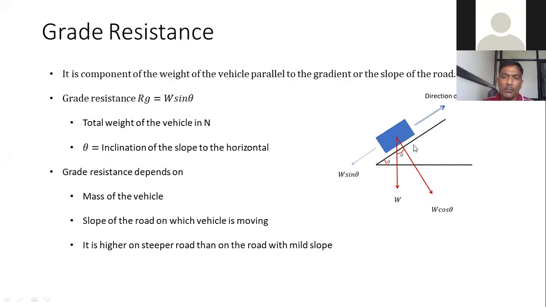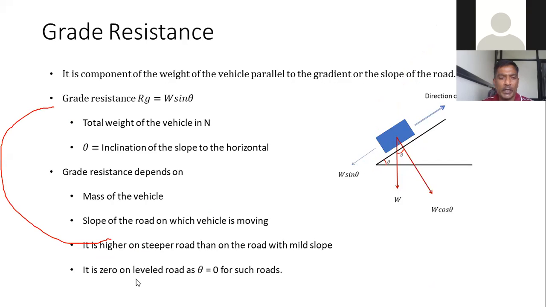If this slope is increased, that means if we increase theta, and suppose this is theta, this is an exaggeration actually, there will not be motion of the vehicle. If theta is increased, the value of the grade resistance is again going to increase, and if theta is decreased, then the value of the grade resistance will decrease.